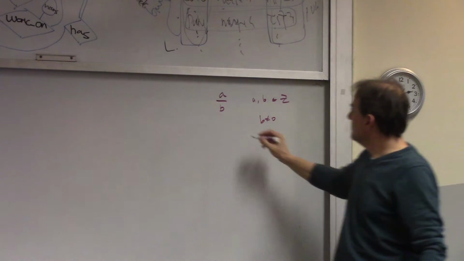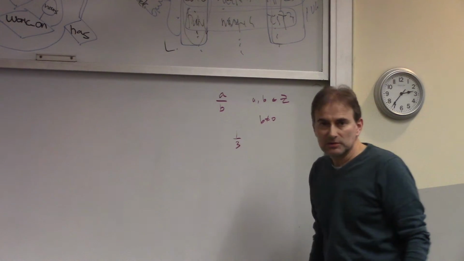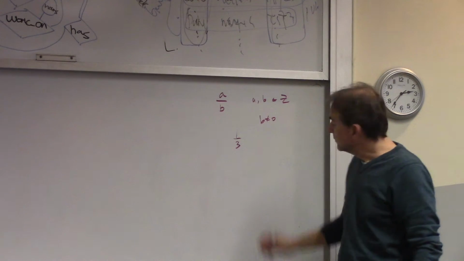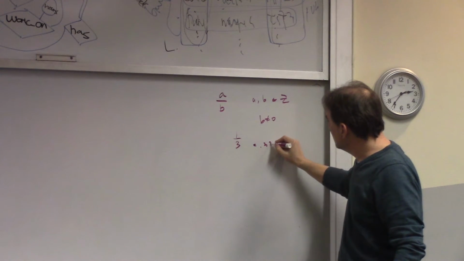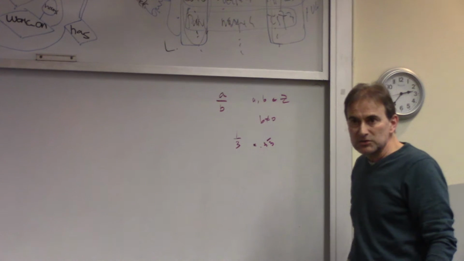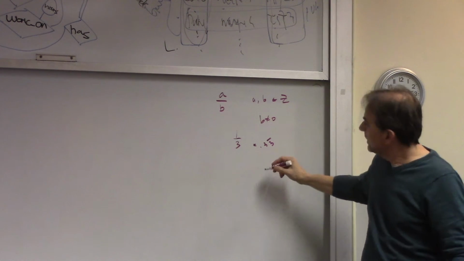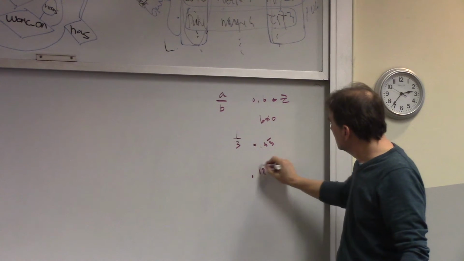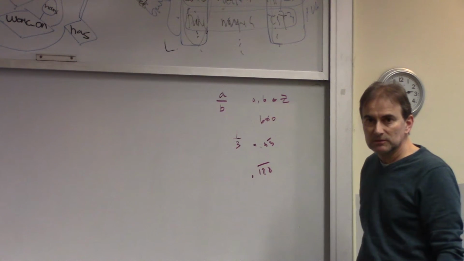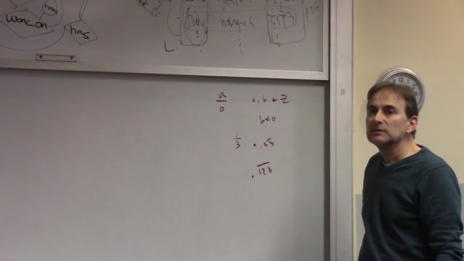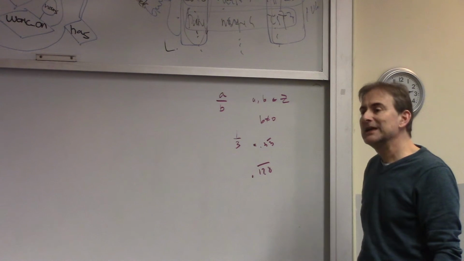So for example, a number like 1/3, is that rational? Yes. But its decimal value is 0.333, it goes on forever, right? So it's a non-terminating repeating number. How about 0.128? Is that rational? It is rational.